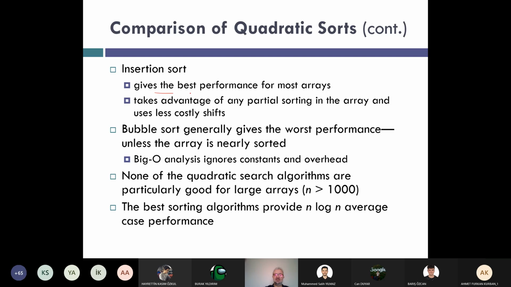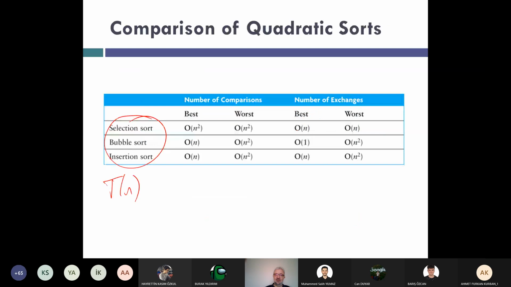So insertion sort gives the best performance for most arrays, because it performs just shifts instead of exchanges, and it keeps a partially sorted array. Also, bubble sort usually gives the worst performance, but we don't see this case here.